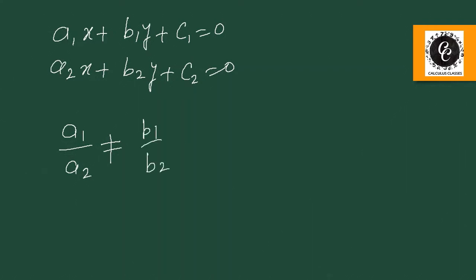We can say that the ratio of the coefficients of x in both equations should not be equal to the ratio of the coefficients of y in both equations. In this condition, the equations will be intersecting, and this is the condition of unique solution.